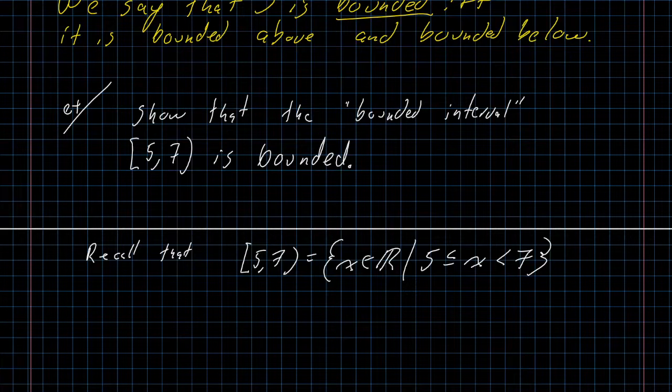Using the definition of interval notation, the interval from 5 to 7, set up like this, is the set of all x's in the real numbers such that 5 is less than or equal to x is less than 7.